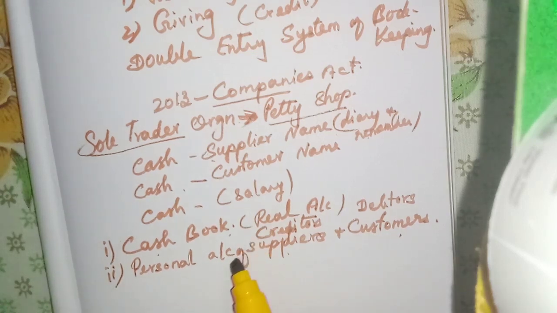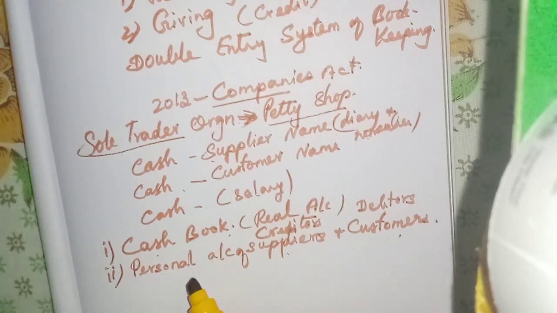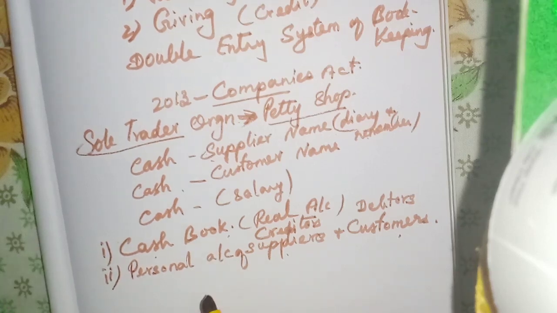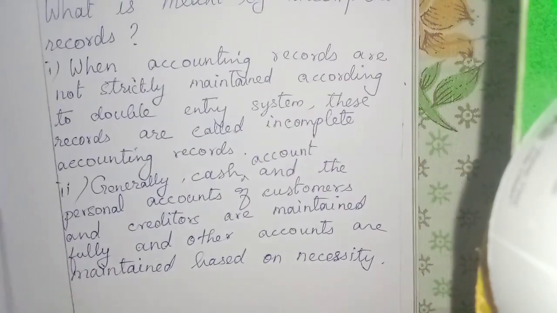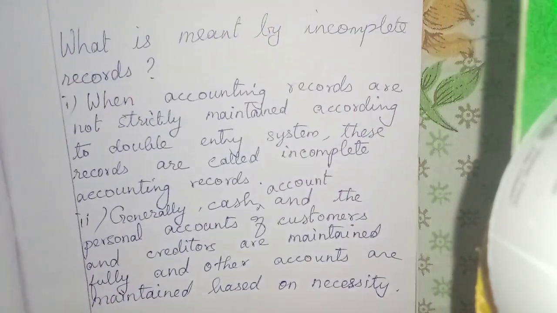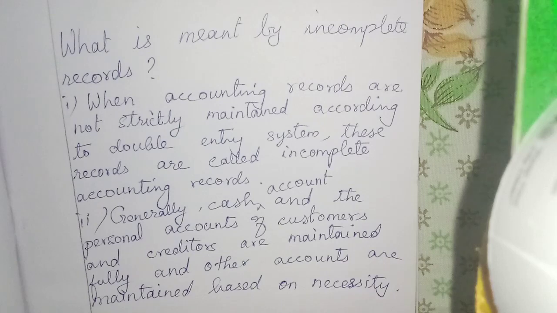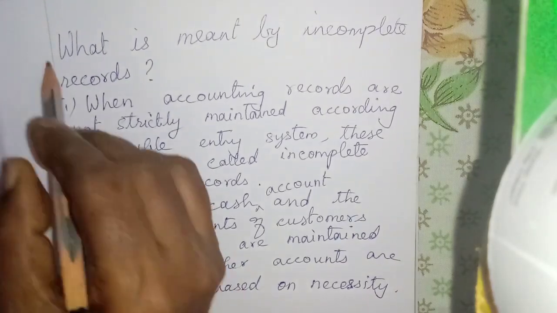Okay, now you might have understood incomplete records. Just as one introduction I have given this incomplete records, there is one question and answer. For the first 2 mark question, I have written the answer and kept it. You can copy this down in your notebook.